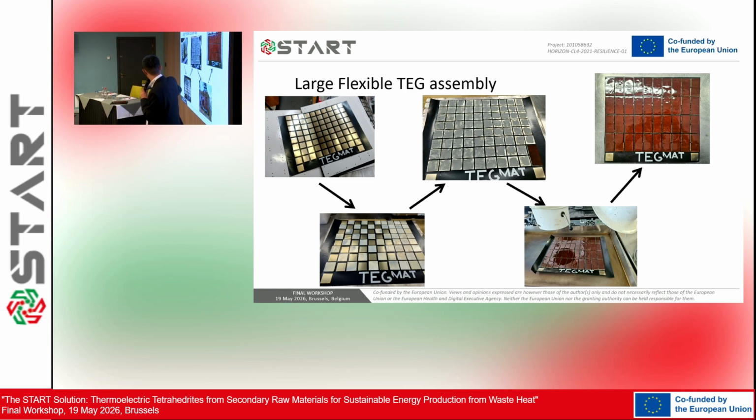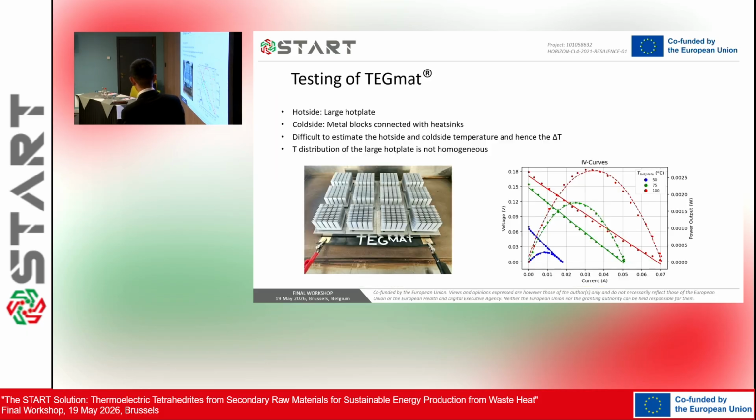So these are real materials that we build into this, and then you will look at it in a box. This is the first attempt to get some output. You can see it's very homemade. We have a grill oven, and then we put a lot of heat sinks on top of it.